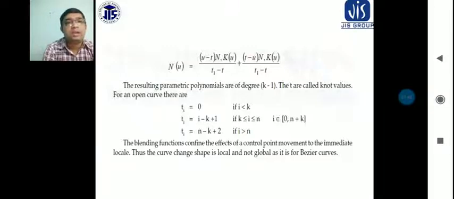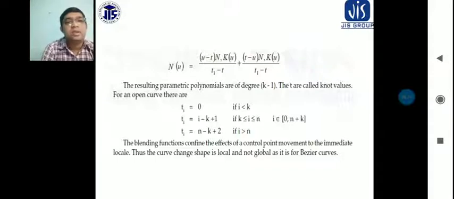For an open curve, t_i equals 0 if i is less than k, t_i equals i minus k plus 1 if k is less than or equal to i which is less than or equal to n, and t_i equals n minus k plus 2 if i is greater than n, where the range is 0 to n plus k.